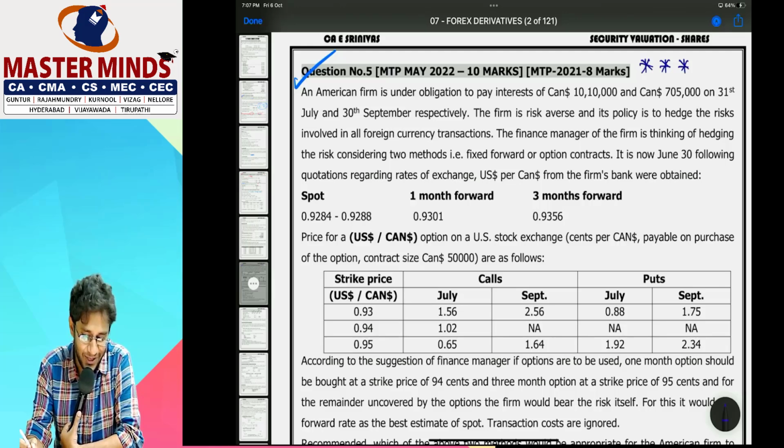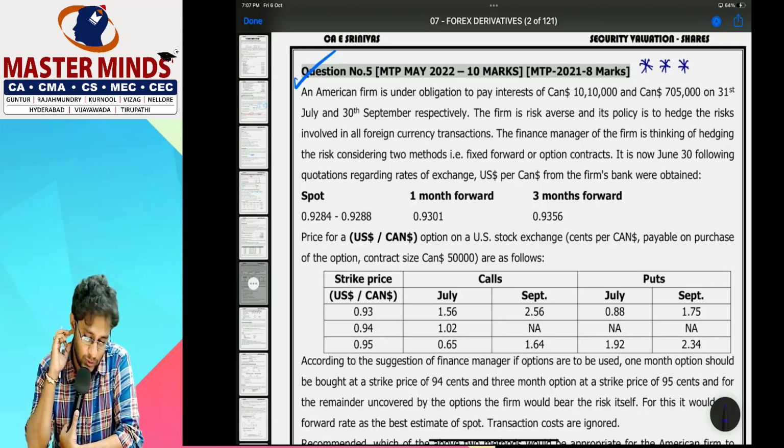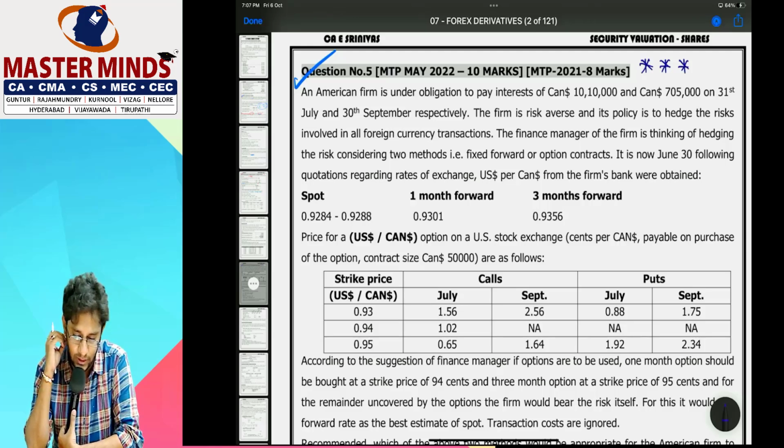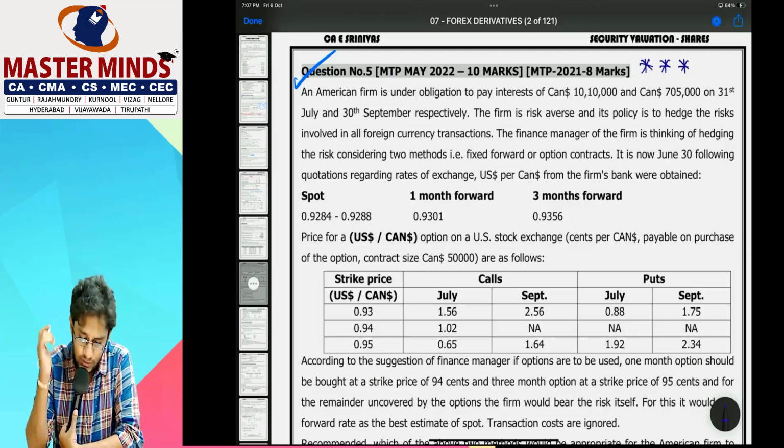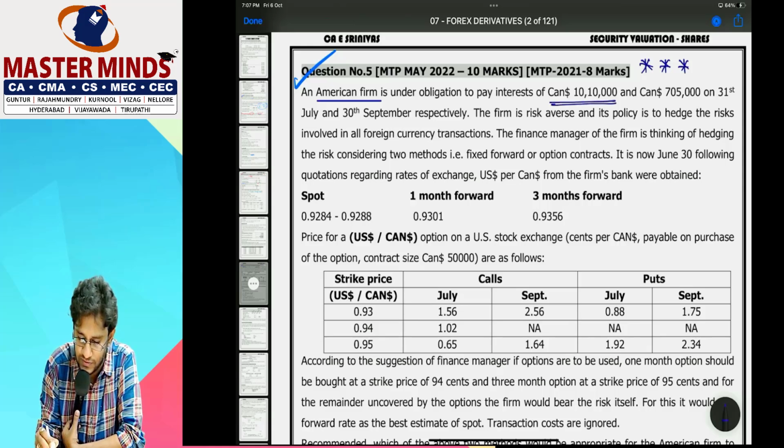An American firm is under obligation to pay interest of CAN $10,10,000 and CAN $7,05,000 on 31st July and 30th September respectively. So American firm, you're a US company, you have an obligation to pay FC payable. That is two FC payables.